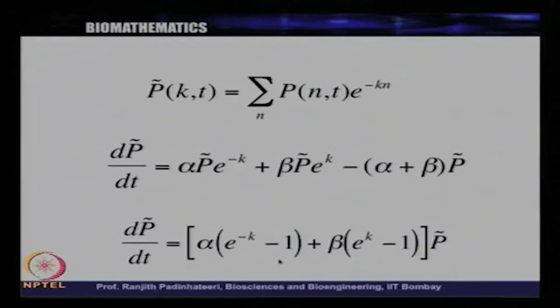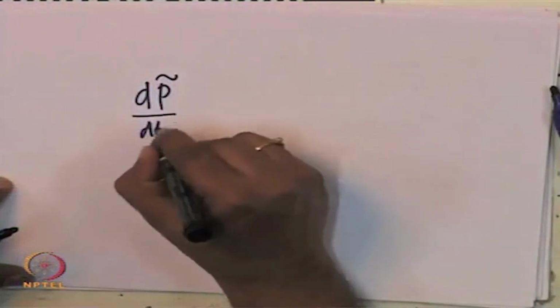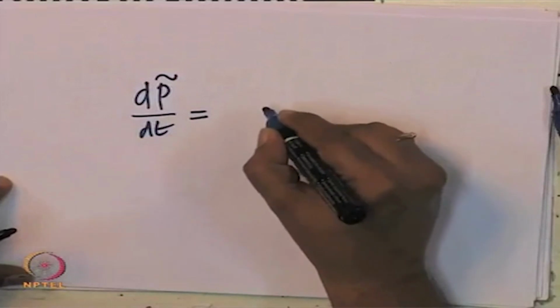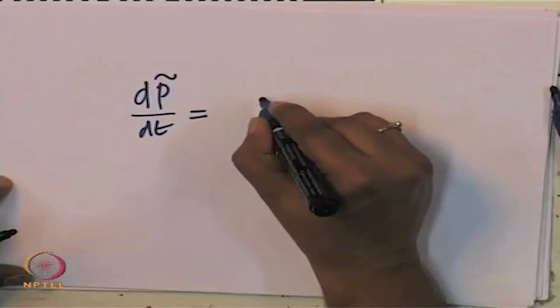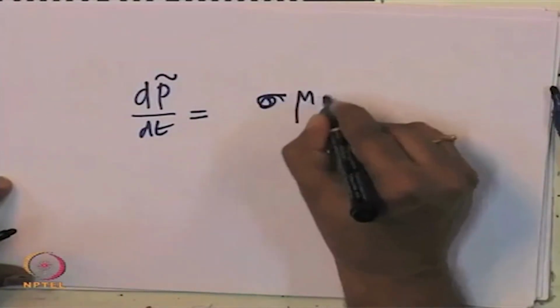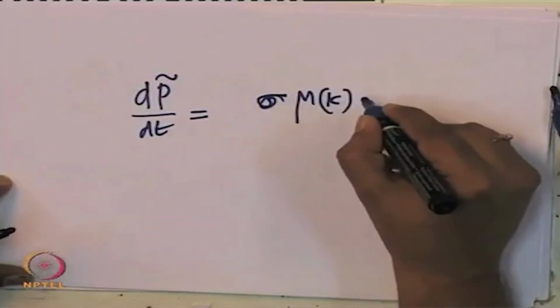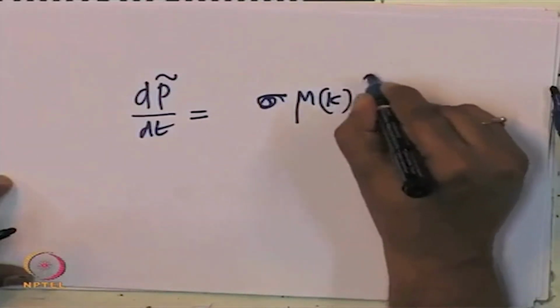What you essentially get is that d p tilde by dt is some function of k times p tilde. So, let me write this equation in a different way: d p tilde by dt is some function, let me call it mu of k, into p tilde.